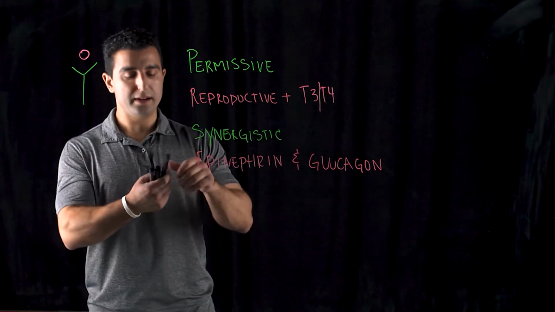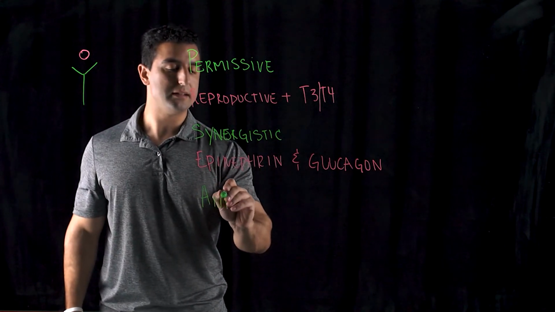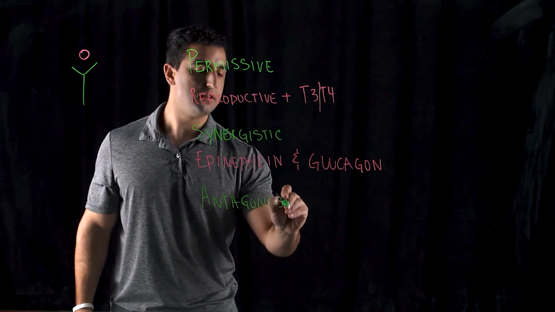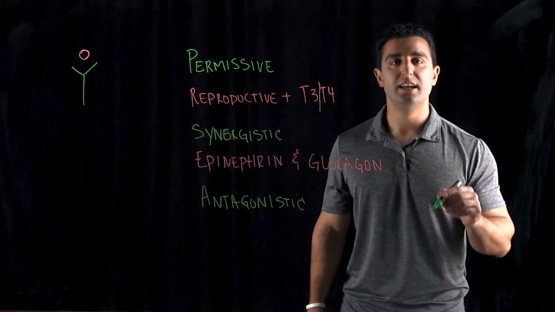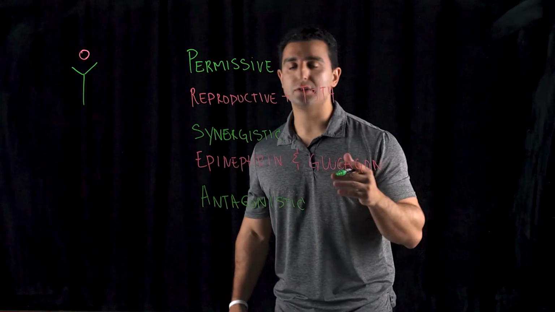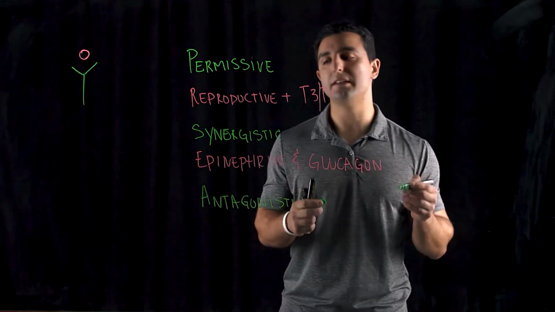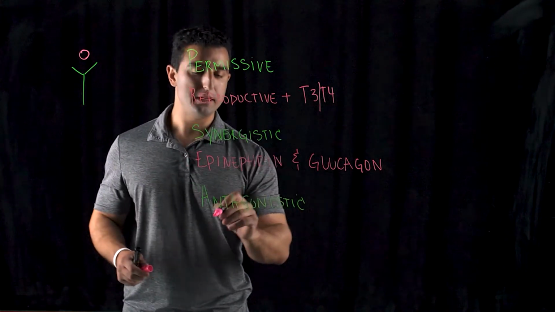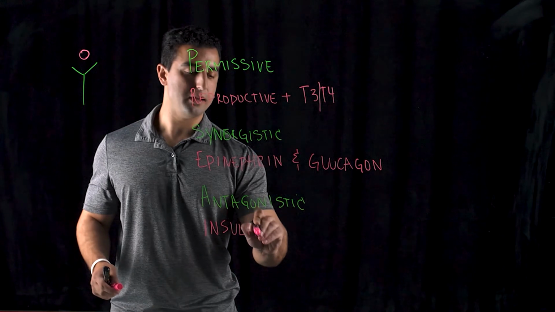And then finally, the last thing we talked about was antagonistic. Antagonistic means they do opposites of each other. They don't help each other. They inhibit each other, right? If they inhibit each other, that becomes not necessarily a problem, but it helps with the actual regulation of it. A perfect example here would be insulin and glucagon, right?